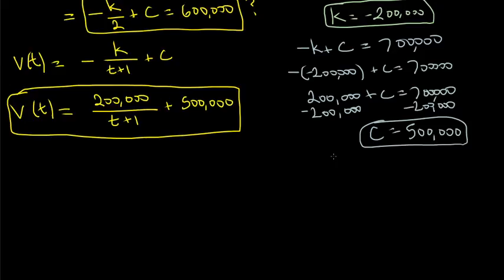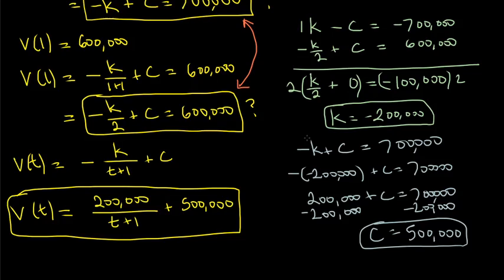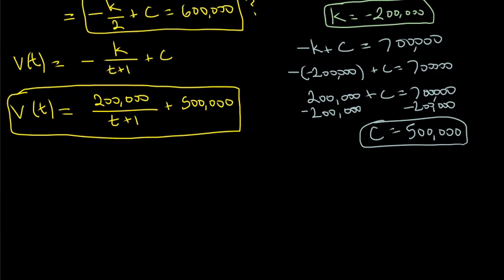Before we answer the question, where originally we want to plug in 4 for t, here's what we probably should do: check that this works. The way I'm going to check this is the following. What is v of 0? What was the initial value of the machine?